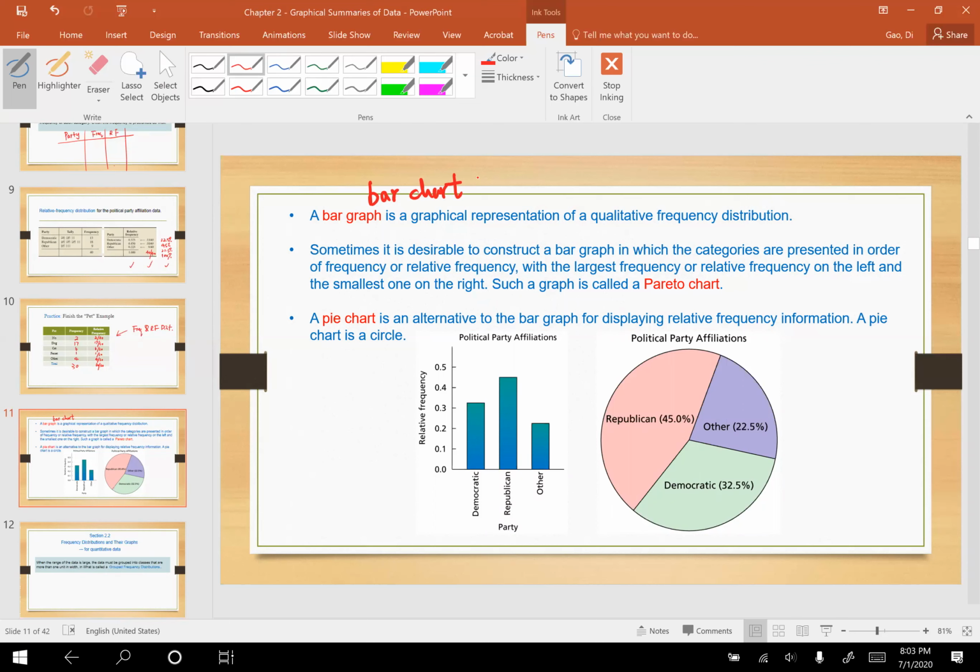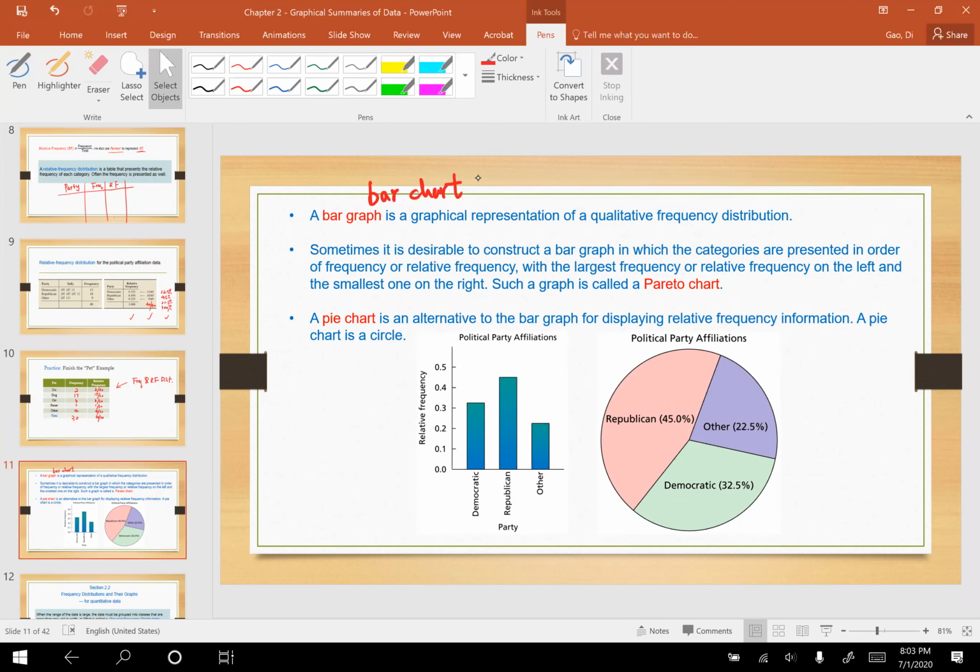We just use that information to organize the data in a more visual way. For the political party affiliation example, we have Democratic, Republican, and others, so 3 categories. Then we have 3 bars.